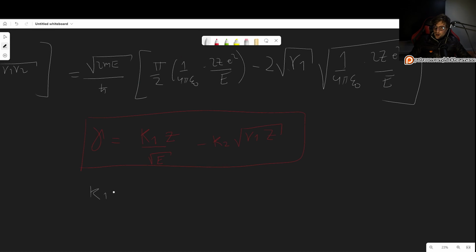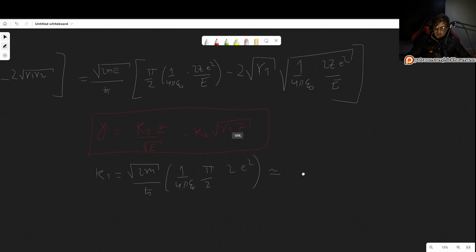Now k1 is the square root of 2m divided by h bar times 1 over 4 pi epsilon 0 times pi over 2. You could simplify a few things, but it's okay. Times 2z, no, not z, so 2e squared. There we go. So that is constant k1, and that has a value.